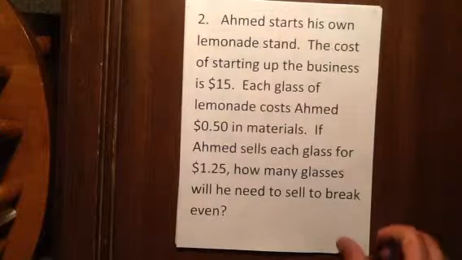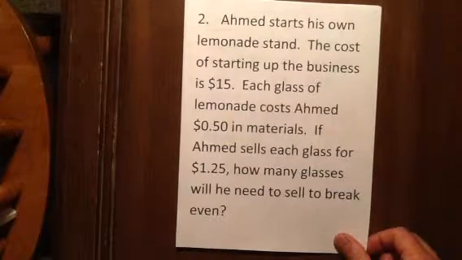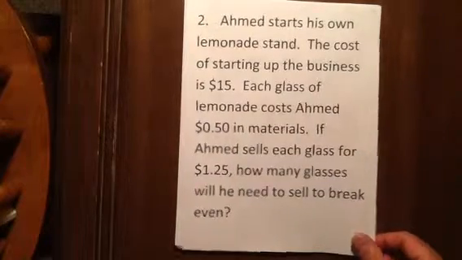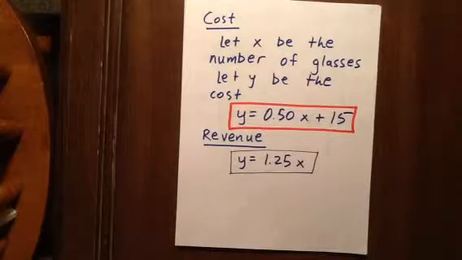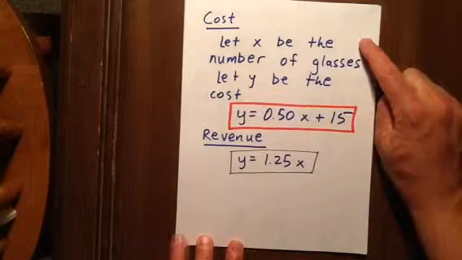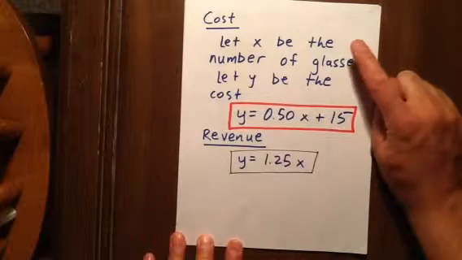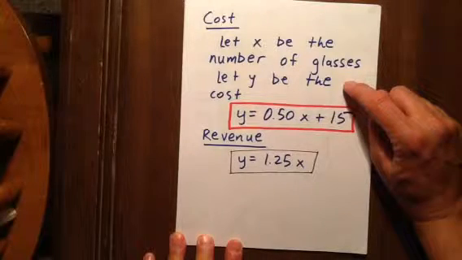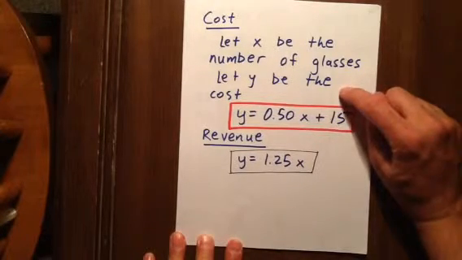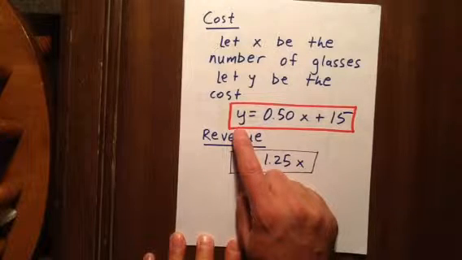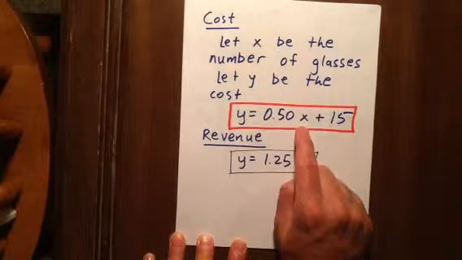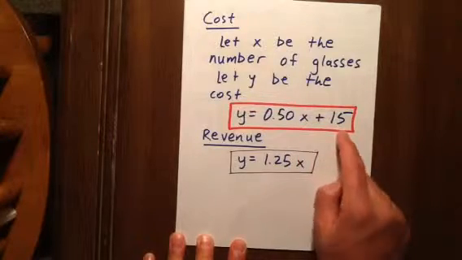So we have to come up with an equation for the amount of money he spends and for the amount of money he receives. Well, the amount of money he spends is called cost. And so if we let x be the number of glasses of lemonade that he sells and we let y be the cost, then y is going to be 50 cents for every glass of lemonade he sells plus a $15 flat rate.